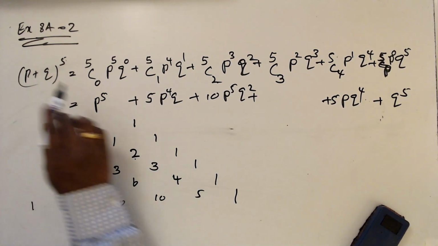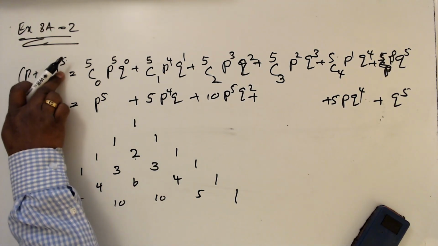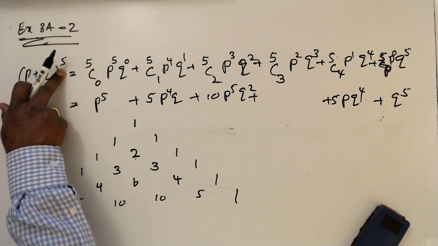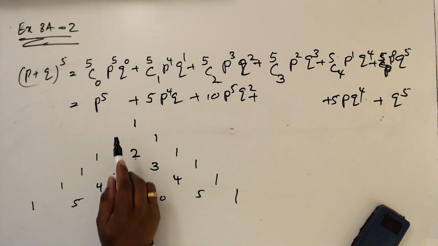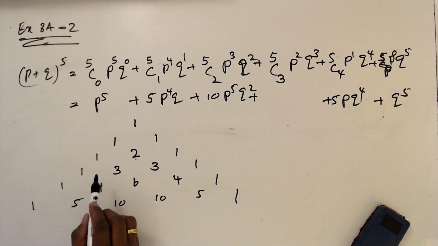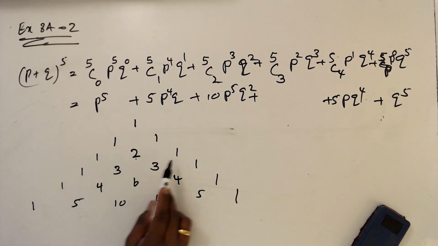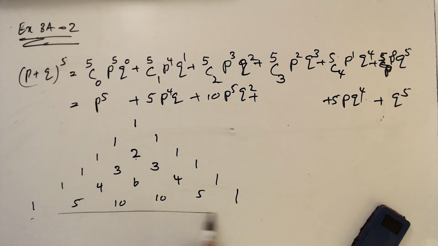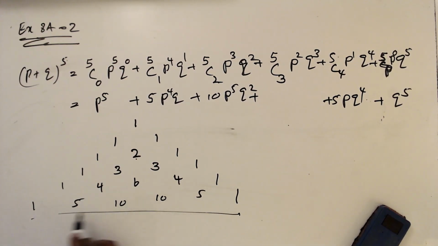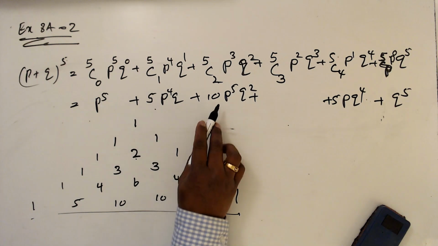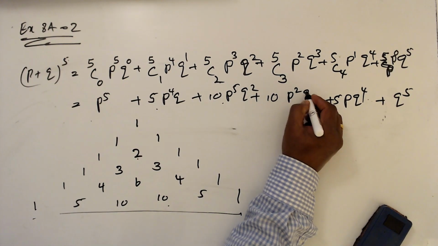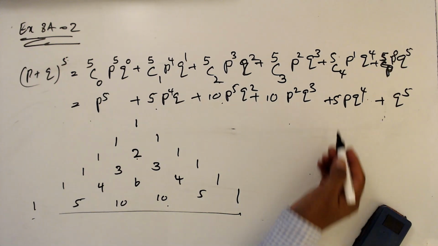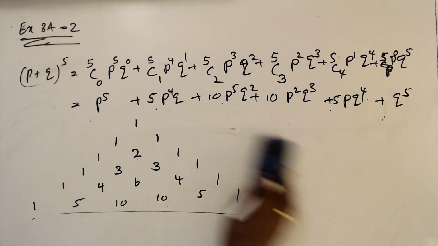I want to check the Pascal triangle row 6: 1, 2, 3, 4, 5, 6. So 1, 5, 10, and the next one should be 10 p^2 q^3, and 5, and 1.